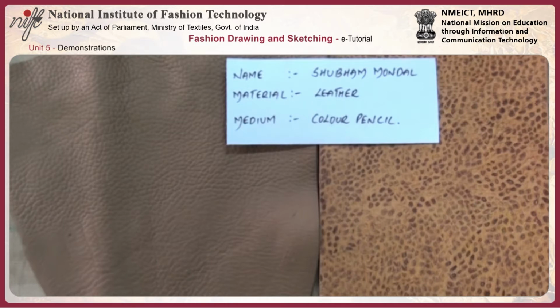There is no color difference on the surface of the leather, but you can clearly see a texture which can be really felt when you touch this piece of leather.